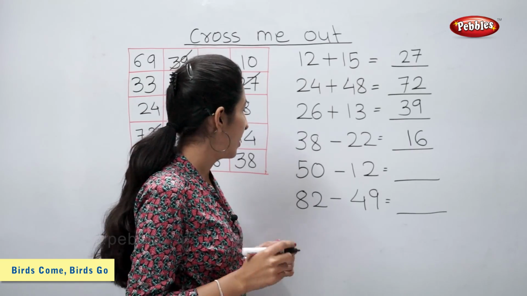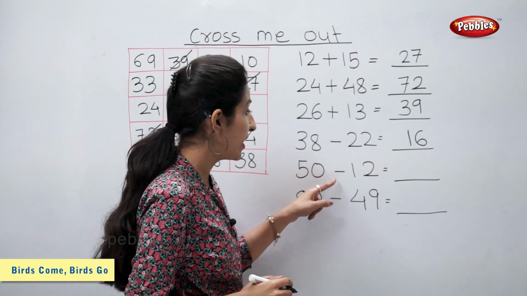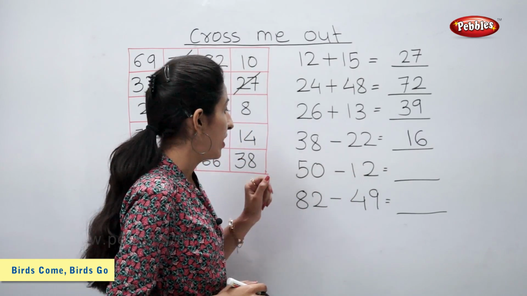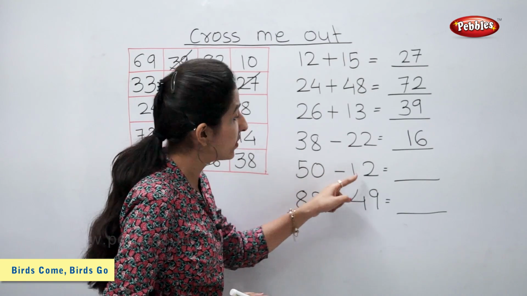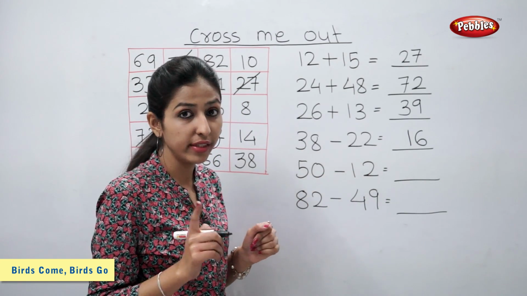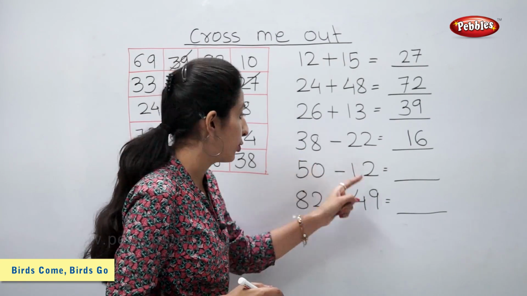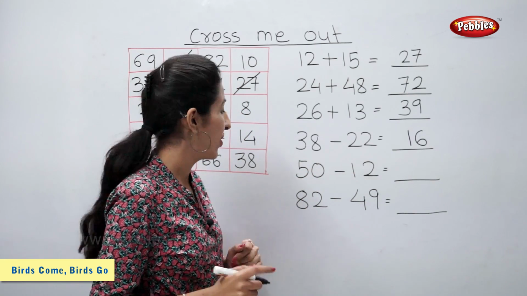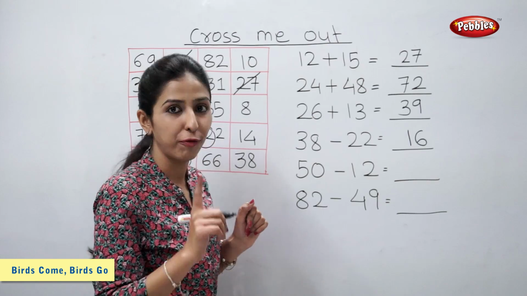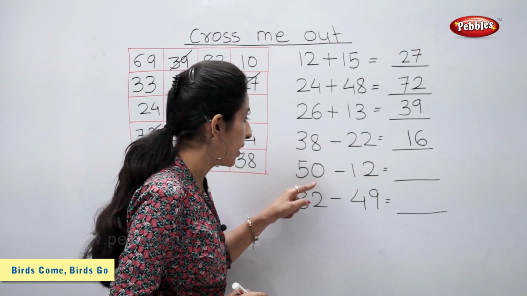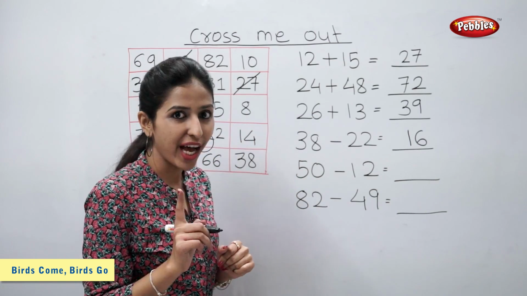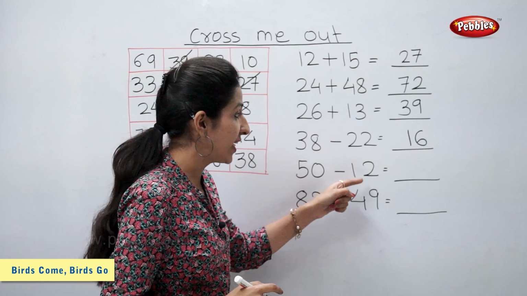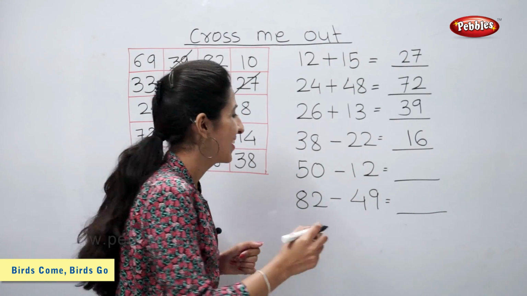Next sum. 50 minus 12. So 0 minus 2. Students, we cannot subtract 2 from 0. So let's borrow. 5 becomes 4. 0 becomes 10. So now 10 minus 2 is 8.